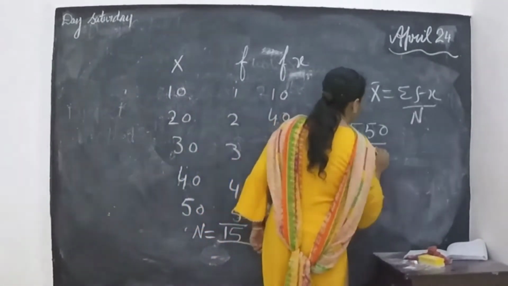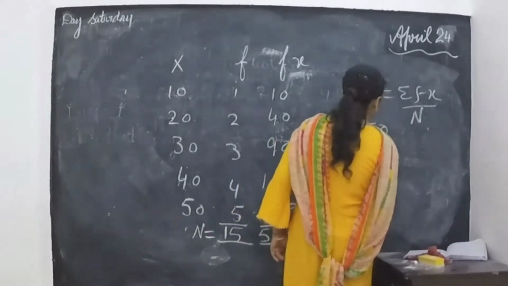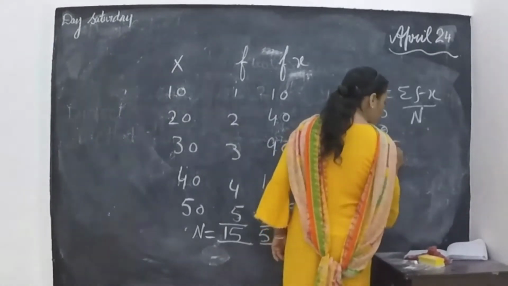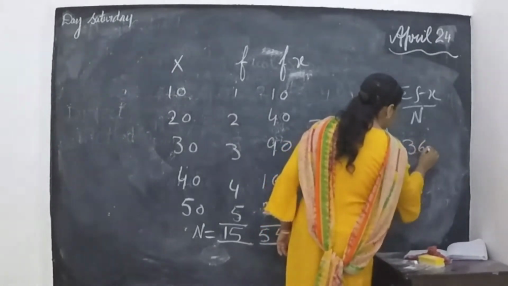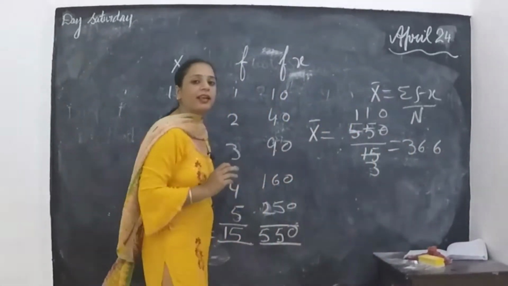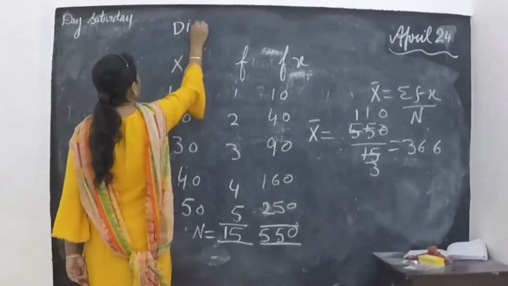Now divide 550 by 15. When you divide, you will get the answer 36.6. Here the value of mean will be 36.6, and this is the discrete series.